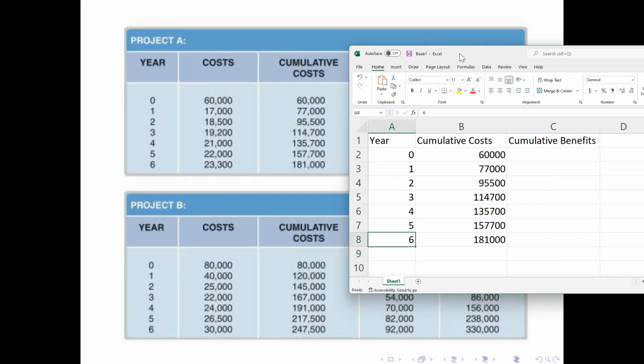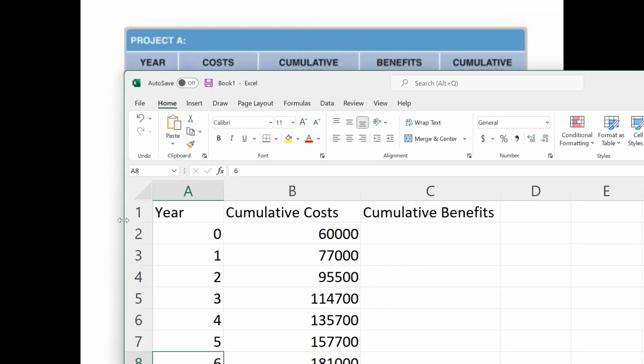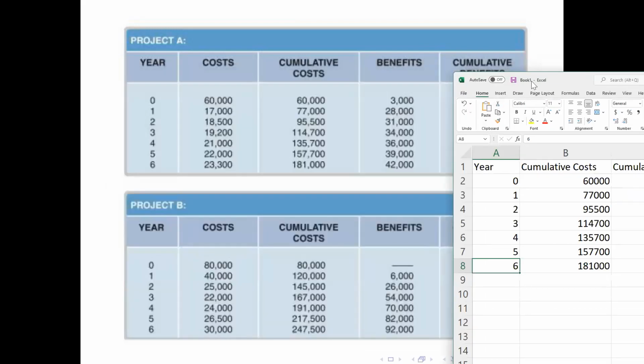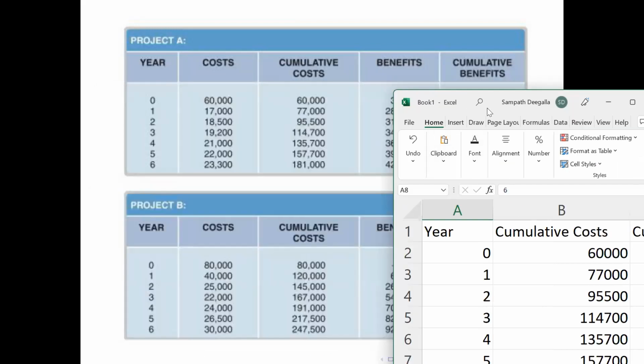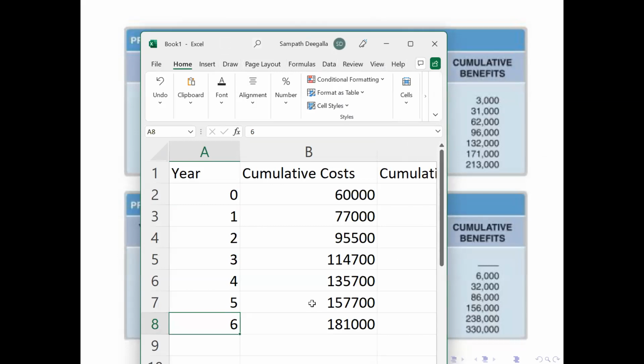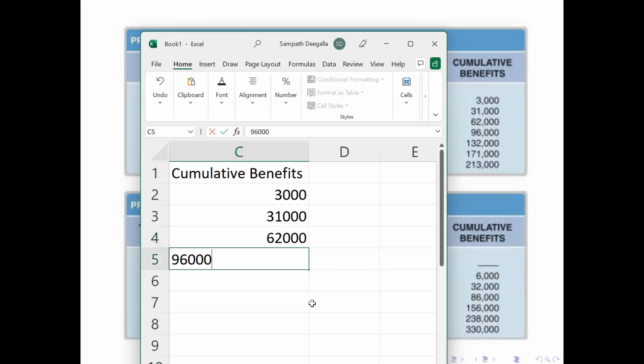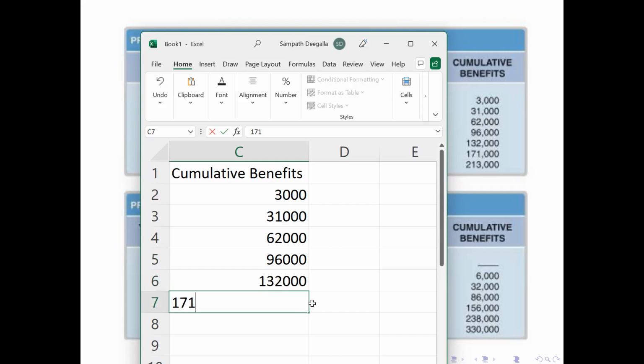And the benefits also I can put. So the benefits are 3,000, then 31,000, then 62,000, then 96,000, 132,000, 171,000, 213,000.